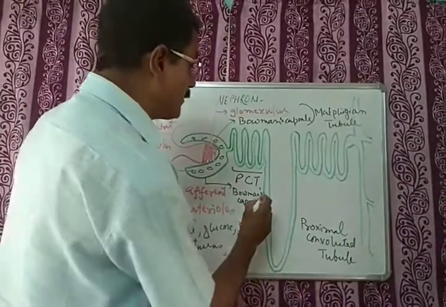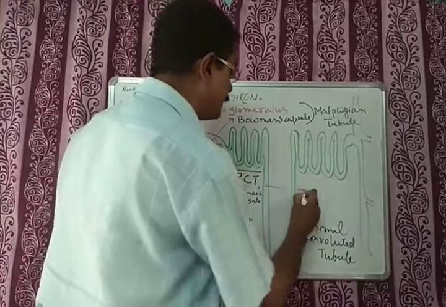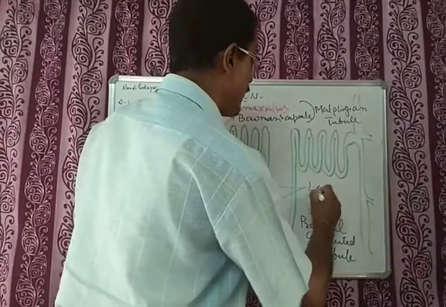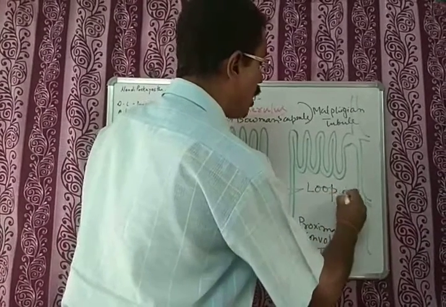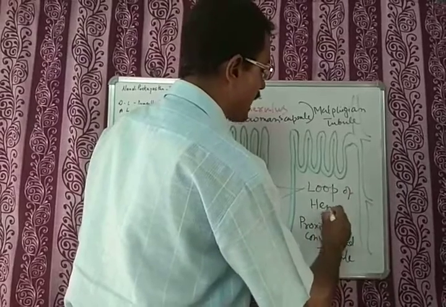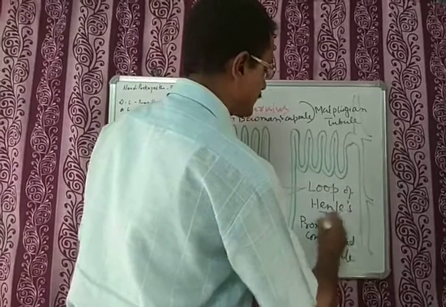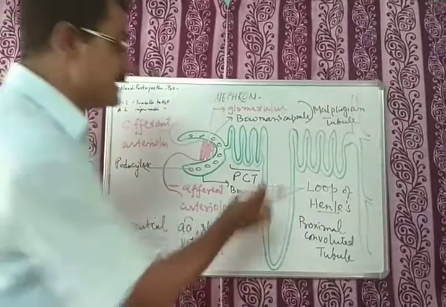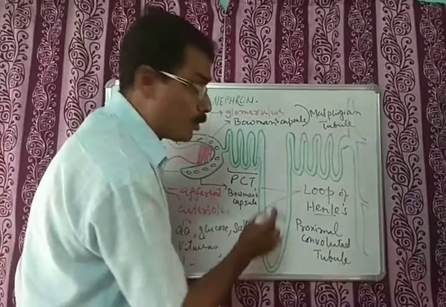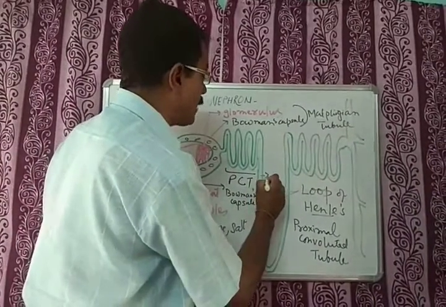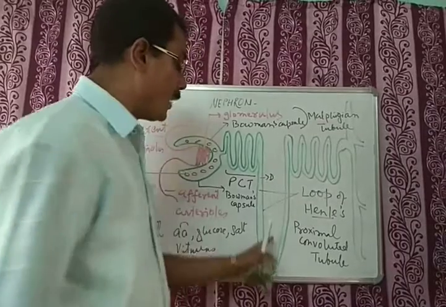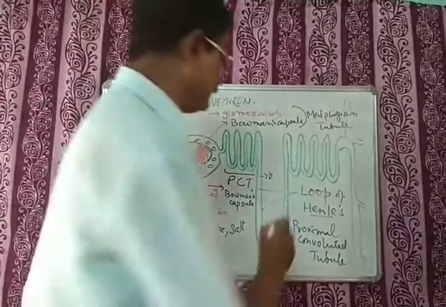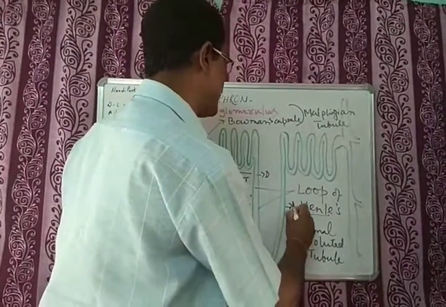Then it comes to the loop of Henle. This is the loop of Henle, named after the scientist Henle. It has two parts. One that comes down is called descending. One that goes up is called ascending.